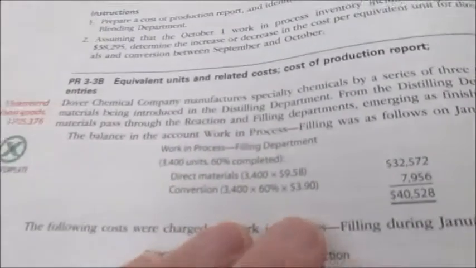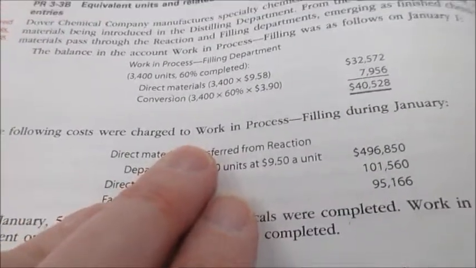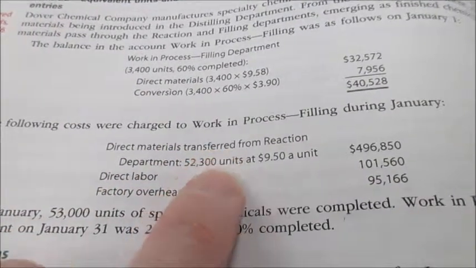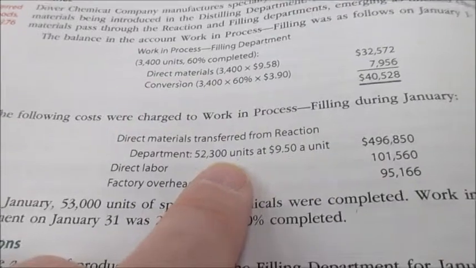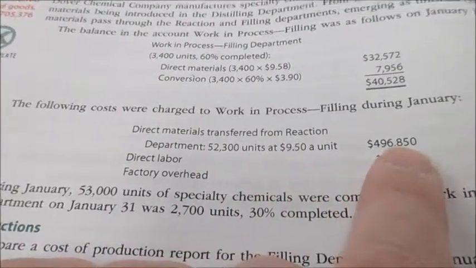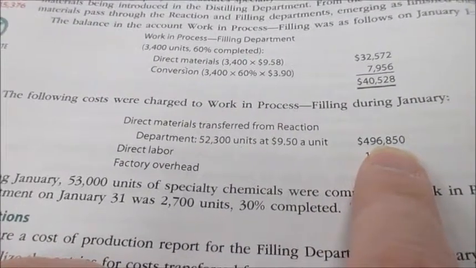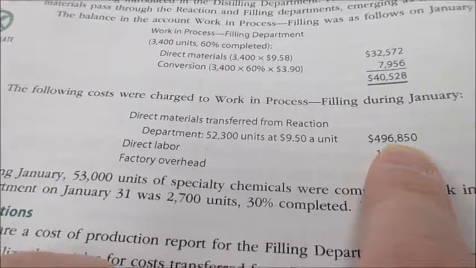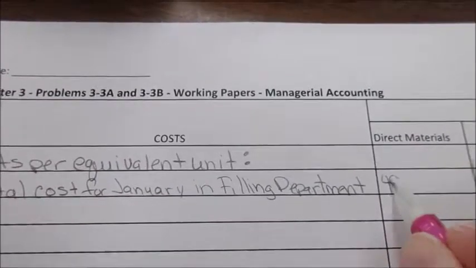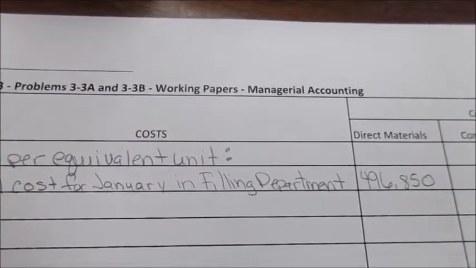If we look in our textbook, it tells us the following costs were charged to work in process, filling, during January, and it says direct materials transferred from the reaction department were 52,300 units at $9.50 per unit for a total of 496,850. Okay, that 496,850 is the number we're going to use for our direct materials.